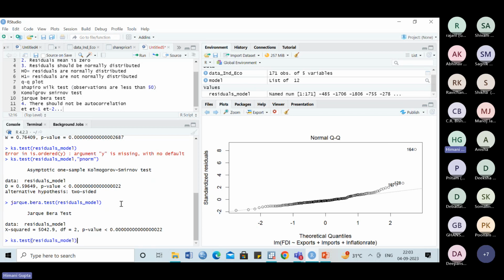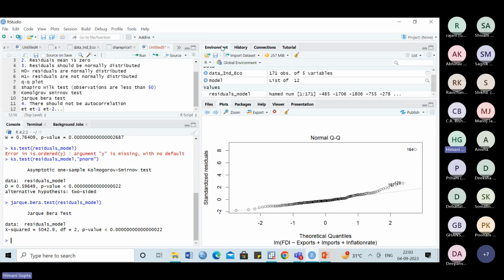So you don't have to write the complete commands again and again. For example, if I have to check the ADF test for 10 variables, I just press the arrow and then enter.